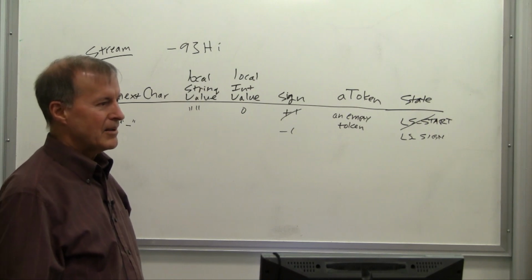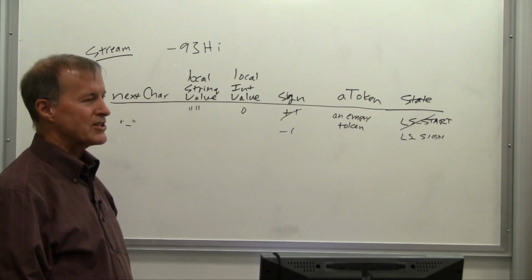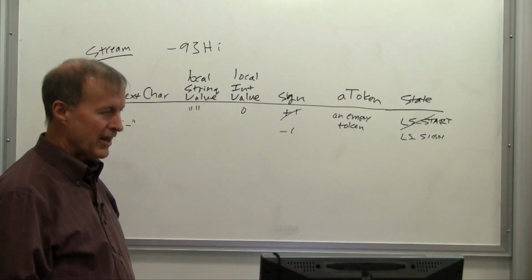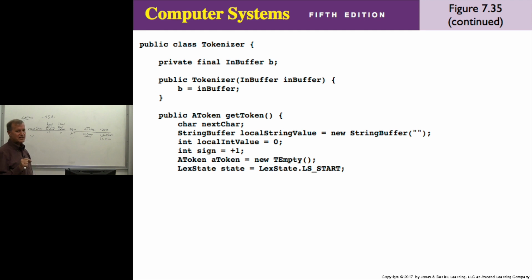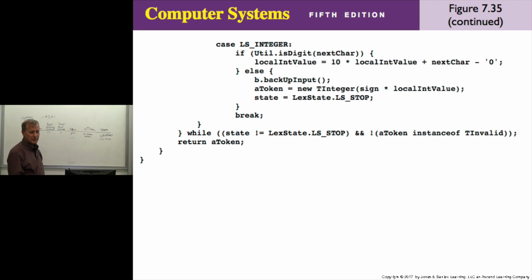Just like test. Okay, now look, the relationship for inheritance is a. A token up here was initialized to T empty. Are you with me? So what that test is doing is asking what the dynamic type is. Let's review some terminology. Let's come back up here to figure 7.33.